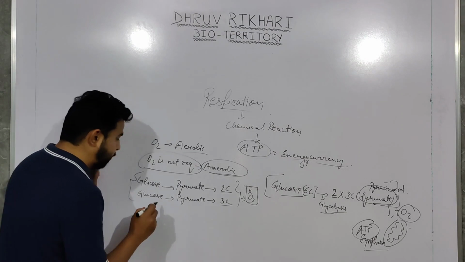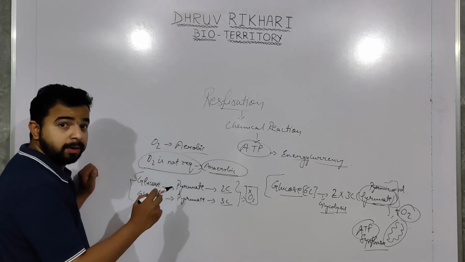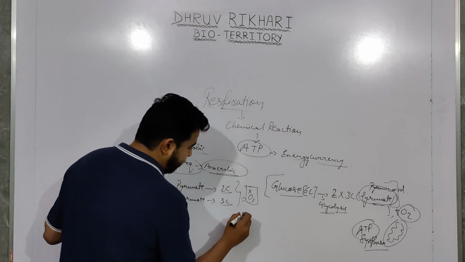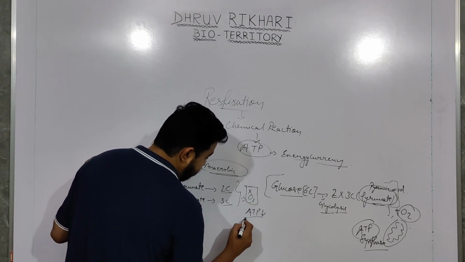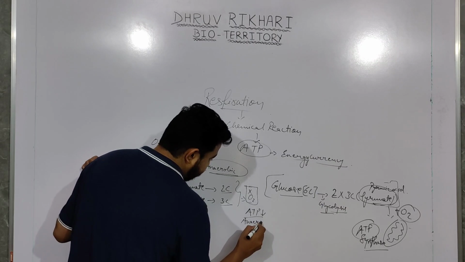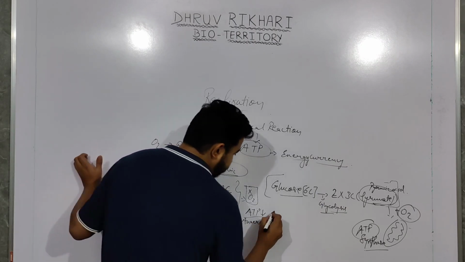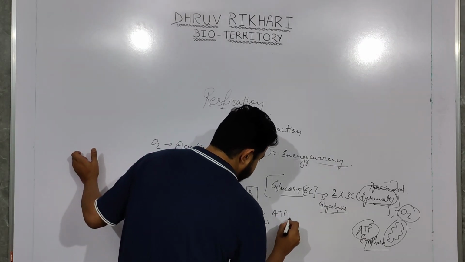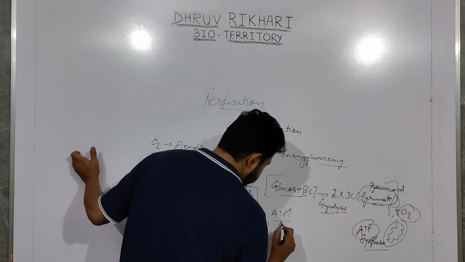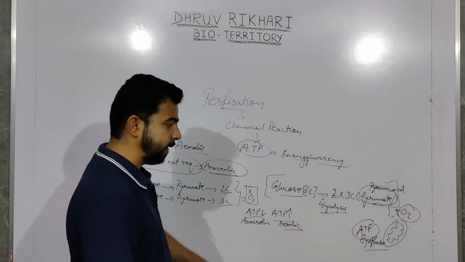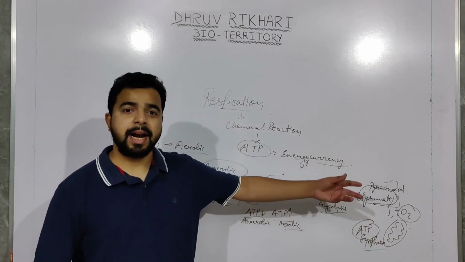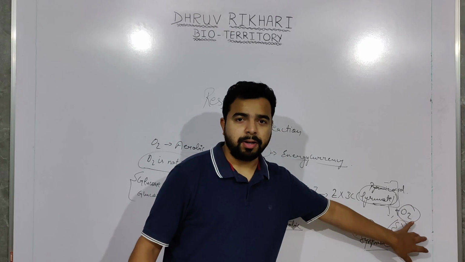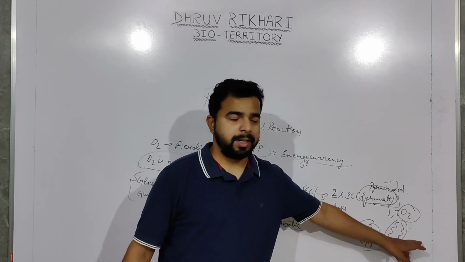The ATP production in both these reactions will be less. ATP production is less in anaerobic, but ATP production will be high in aerobic, because we have seen that there are ATP synthase enzymes, and these only get activated when oxygen is present.